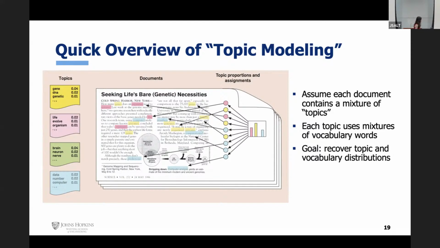Some of the newer topic models, and I'm just going to show you the names of some of them, do incorporate more word ordering. They do things like concatenate contextualized embeddings, where you're taking the whole document and making an embedding where word order actually does matter. But the original model is not doing that.